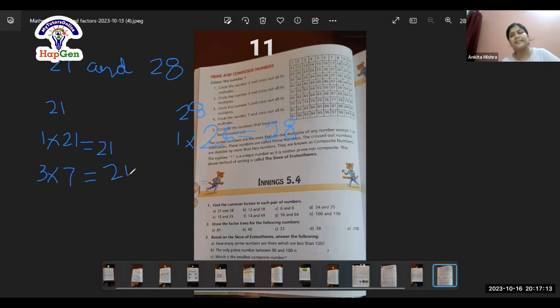If 3 sevens are 21, can I say 7 threes are also 21? Yes. Please continue. 7 fours are 28.